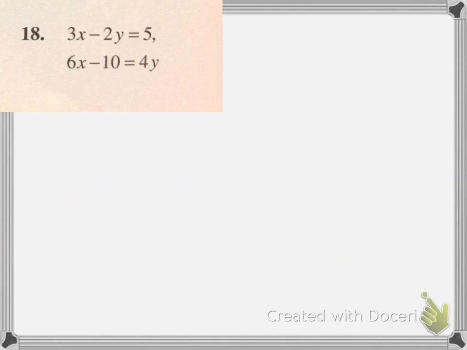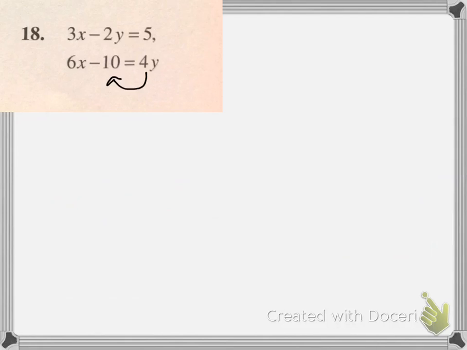Let's look at one more. Again, I don't have anything that's going to eliminate, but one thing I do notice is that the equations are kind of out of order. You want to make sure they are in the same format. The top equation is your x term, your y term, your equal sign, and your 5. So first things first, we need to rewrite the second equation so that it matches the format of the first equation. I need to get the y's over here, and I need to get my minus 10 over here.